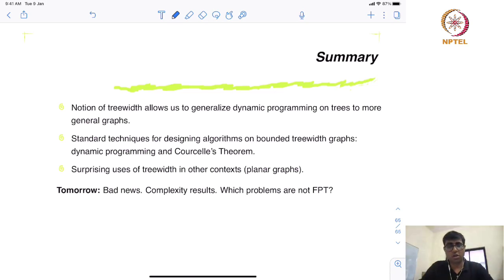We can talk a lot more about tree width, but for a course which is as basic as this, I think the amount of knowledge we have discussed is enough. If you need more, please let me know. I will give you some more pointers. Thank you.